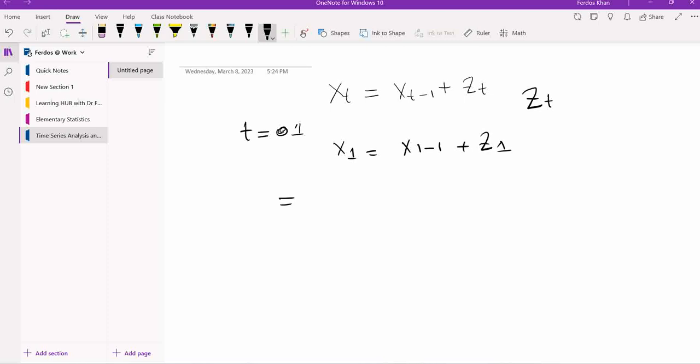So this means that X1 equals X naught plus Z1. And remember that at the initial, I mean the starting point, the value is 0. So this means that X1 equals Z1.